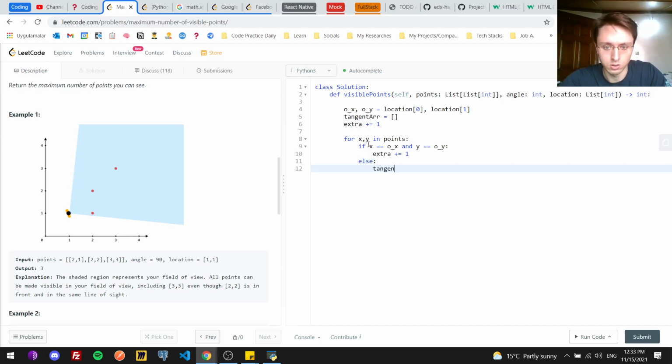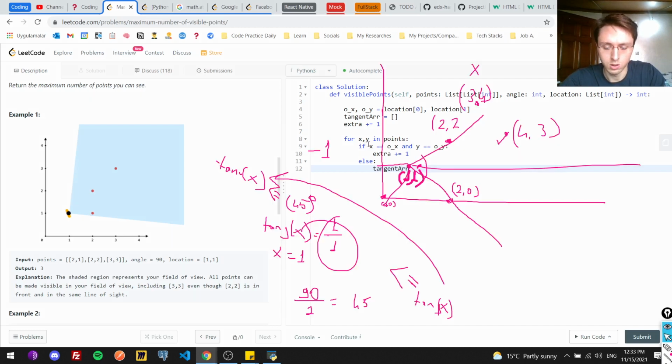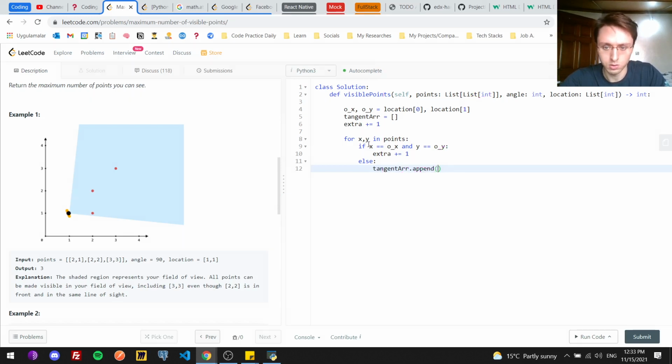So tangent array will be equal to, that's actually append, we'll just append the calculation here, which would be the first ones, x minus that divided by the other thing.